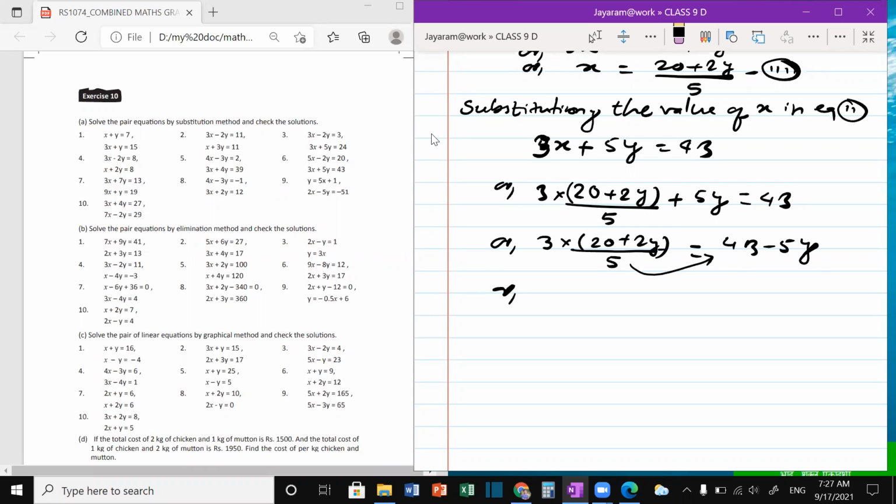Now 3 into 20 plus 3 into 2y. This 3 will multiply for both, as there is a bracket, and 5 will multiply for both, 5 into 43 minus 5 into 5y. After this, 60 plus 6y.